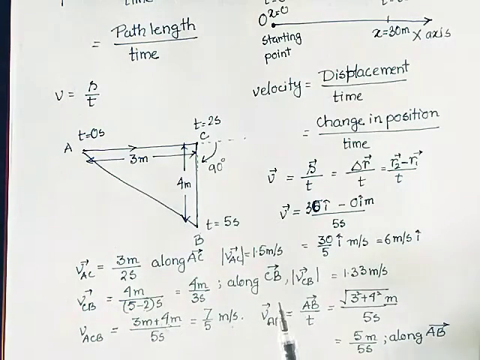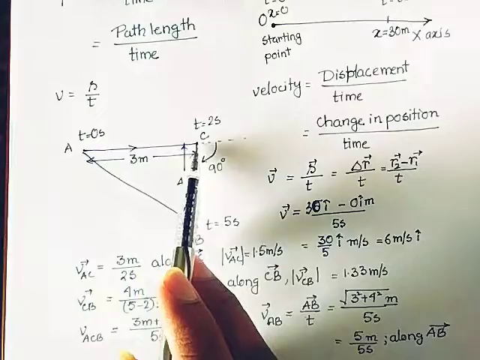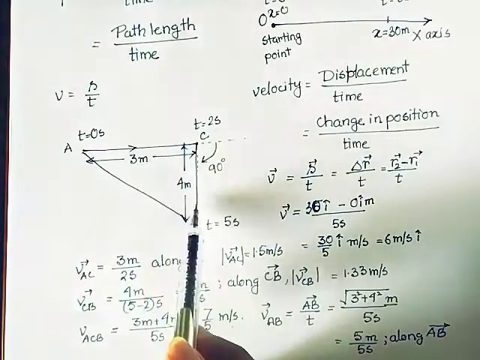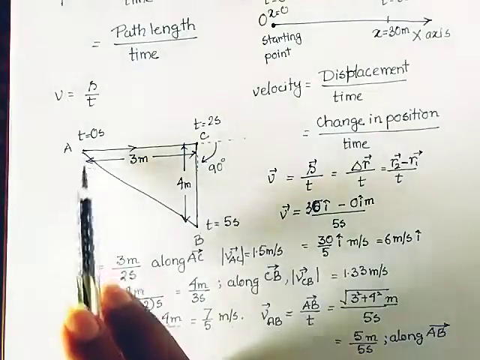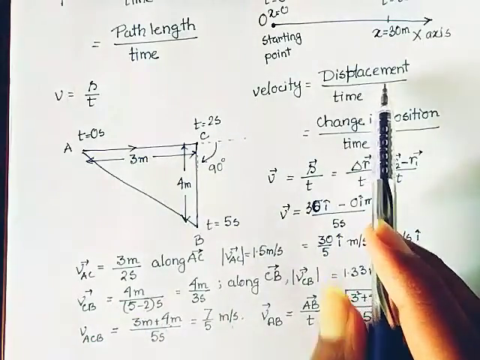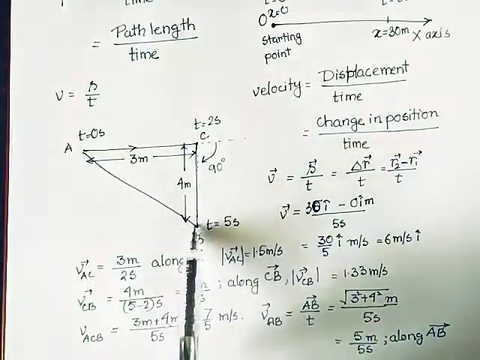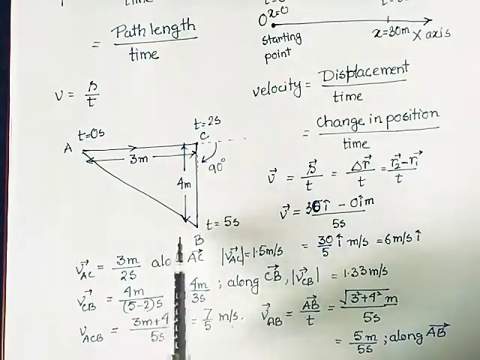But if I want to find out the velocity in going from A to B, then we cannot follow this, because this is the actual path. This is the distance, but the velocity is concerned with the displacement. So you have to connect the final point and initial point by a straight line, that is AB.